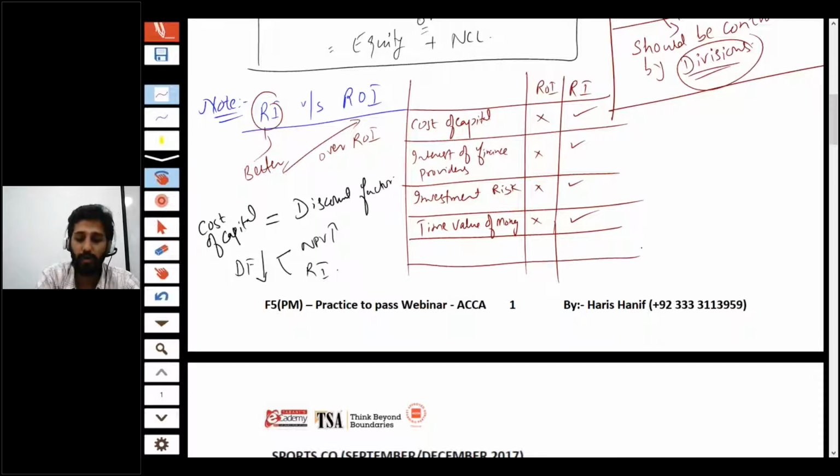Now, one point is that ROI is inward looking. RI is the win-win situation, considering the interest of finance providers.